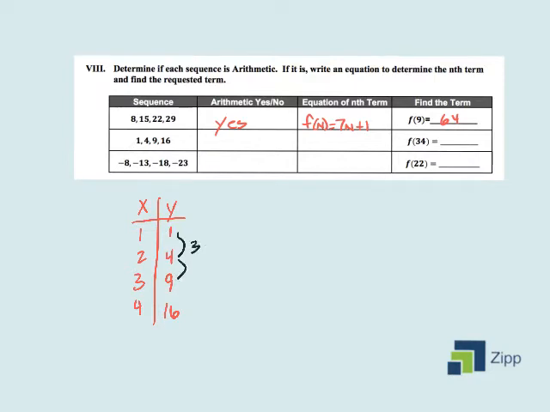And then 4 goes to 9, that's certainly not 3, that's 5. This is not an arithmetic sequence. And therefore I am unable to find the equation of the nth term, and I cannot find the nth term either.